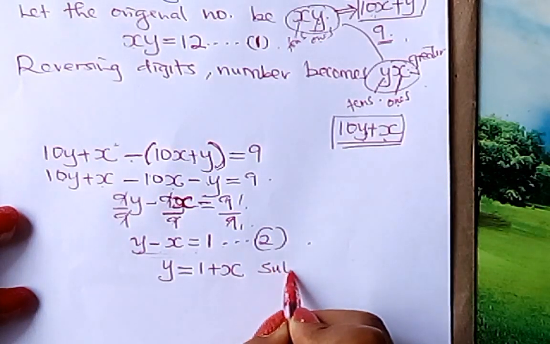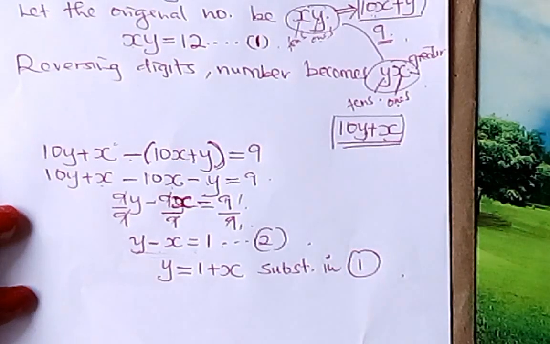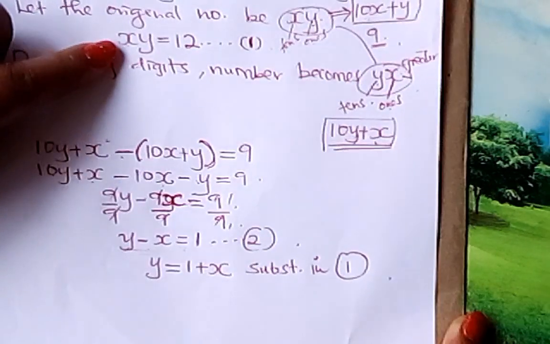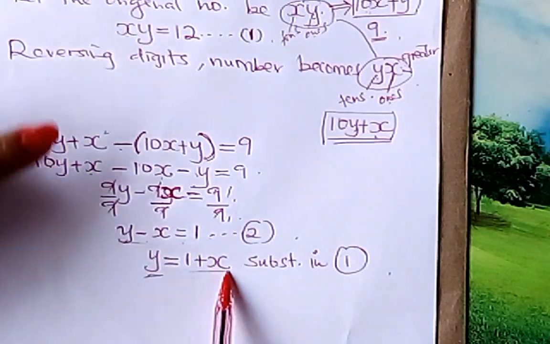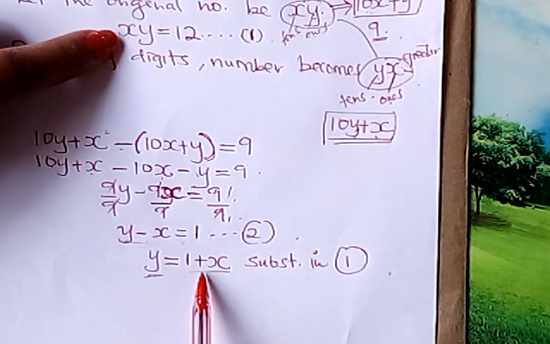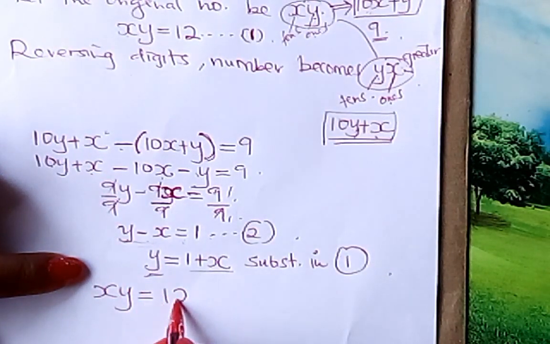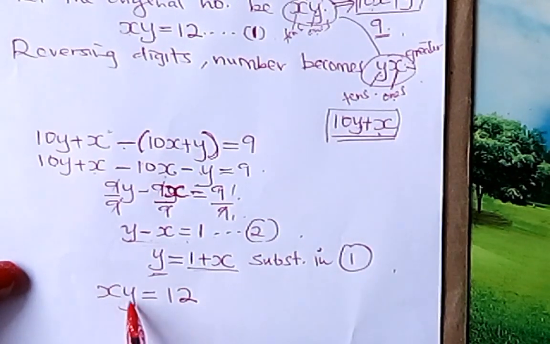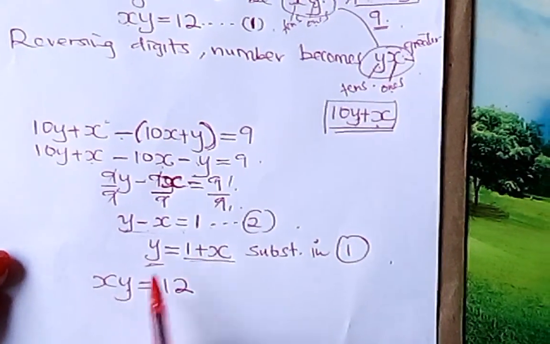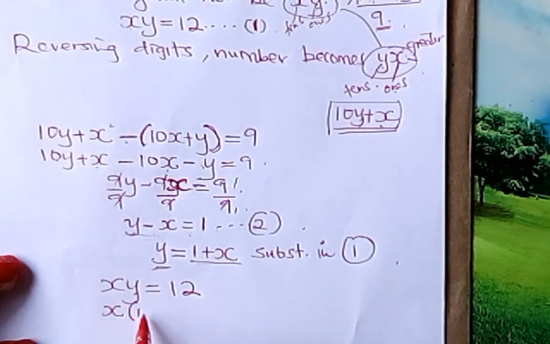Then substitute this in equation 1. Where you have y in equation 1, you write 1 plus x. So x times (1 plus x) is equal to 12.